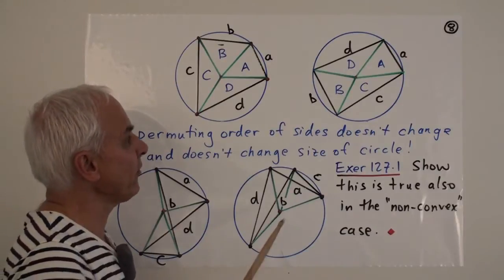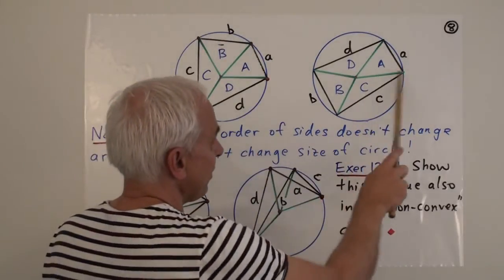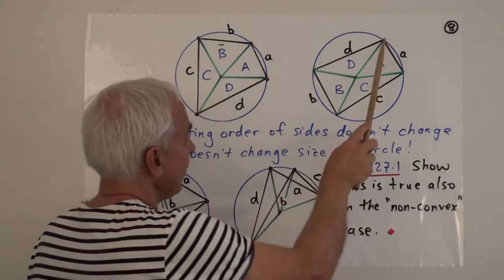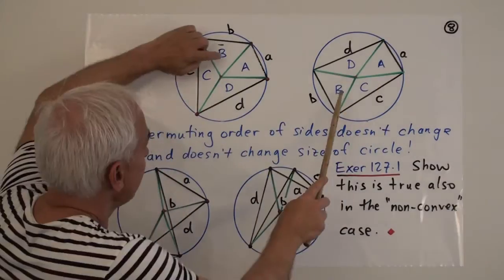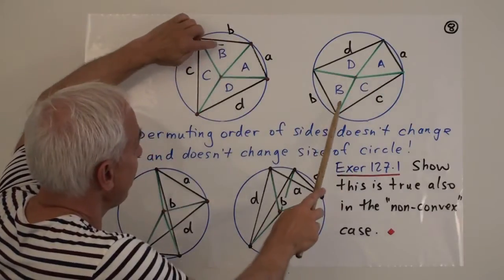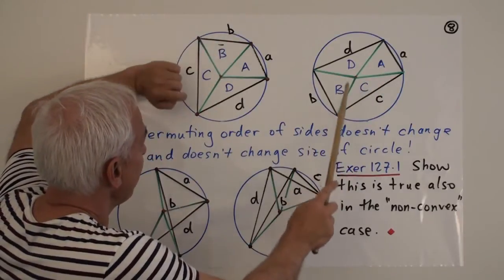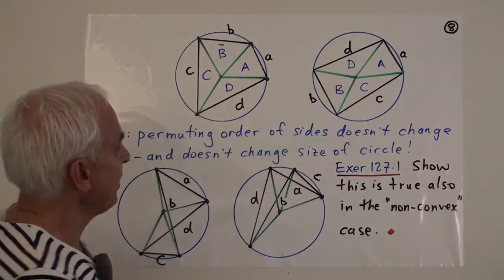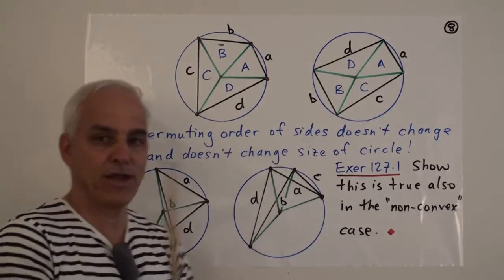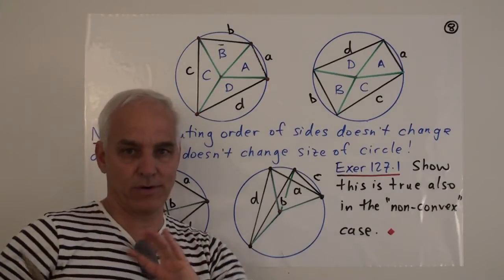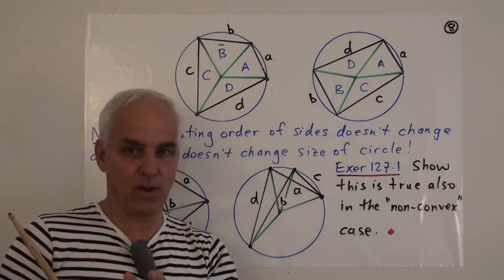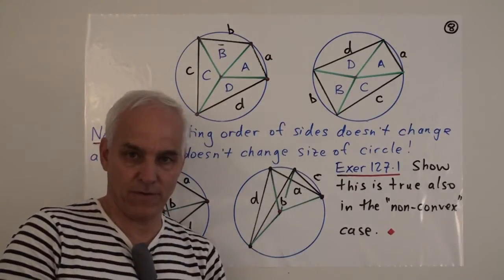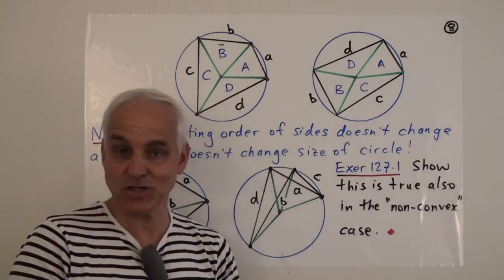They're congruent triangles because these two sides are both radii of the circle, and this length and this length are the same. So these areas match up, and these two areas match up, and these two areas match up, and these two areas match up, and that allows us to see that even if we reshuffle the orders of these four line segments along this circle, the actual area or quadrea of the cyclic quadrilateral doesn't change.